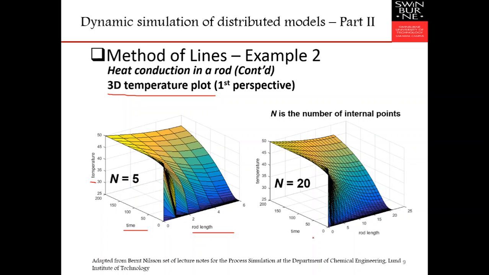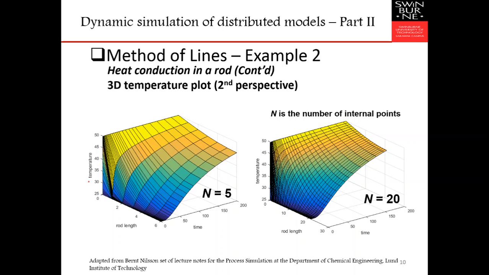The one on the left is plotting for the 5 internal points, and the one on the right is plotting for 20 internal points. The more points that you use, the finer the details shown.